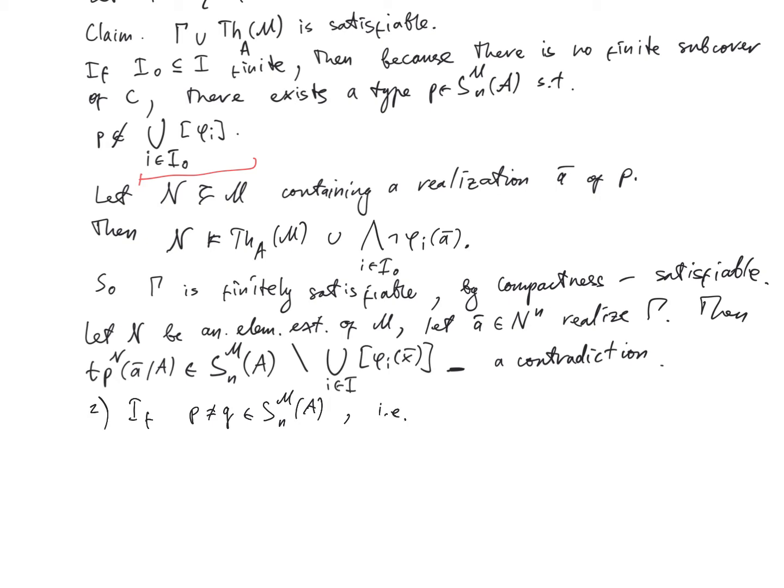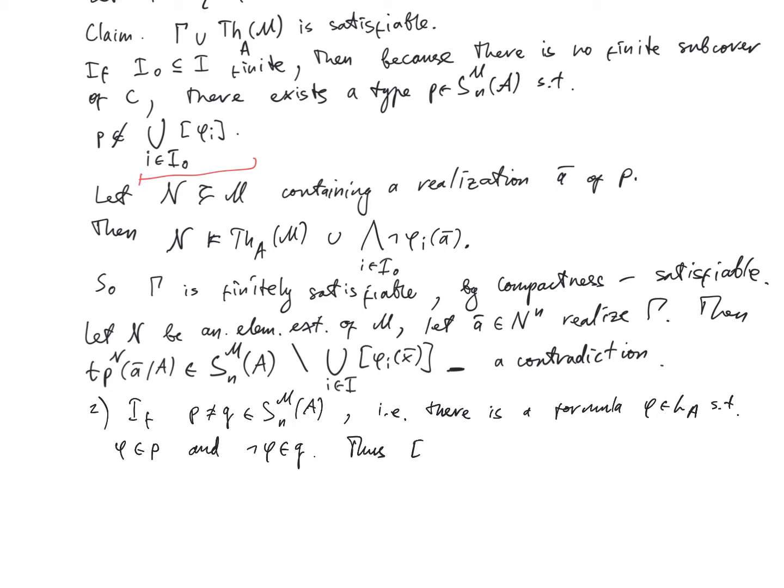So this means that there is a formula phi in L_A such that phi belongs to p and the negation of phi belongs to q. So any two complete types must be distinguished by some formula.